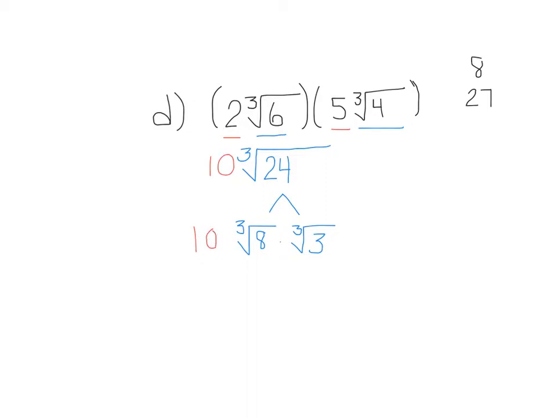Well, the cube root of 8 is 2. So we're going to take 10 times 2 times our cube root of 3. 10 times 2 is 20, and there's nothing more we can do with that cube root of 3. So our final answer is 20 times the cube root of 3.